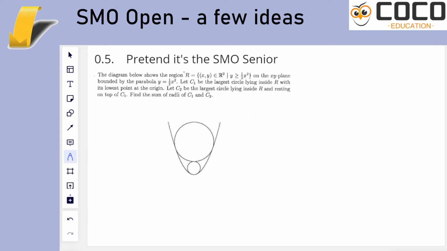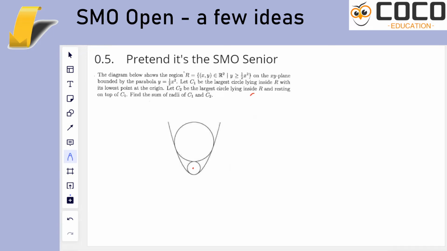So for instance, if we look at this problem over here, it just tells you that you have a parabola, y equals to half x squared, and then a circle inside it and another circle inside it, and you're asked to find the sum of the radii of C1 and C2. So all you need to do is to find the equations of C1 and C2, and basically that means finding the centers of C1 and C2.